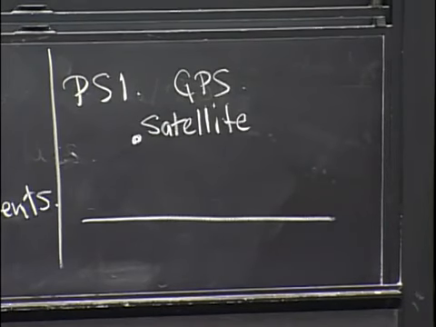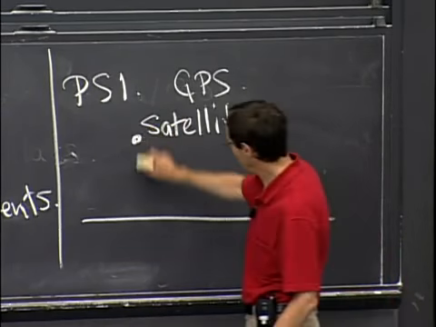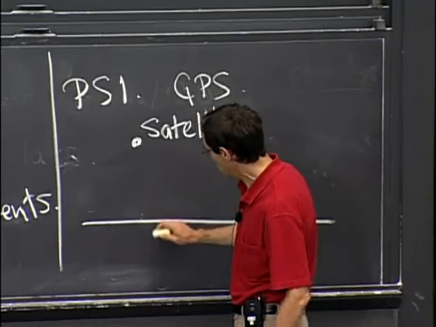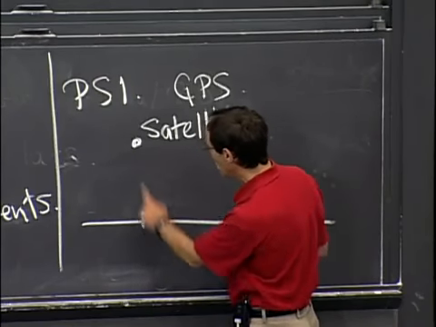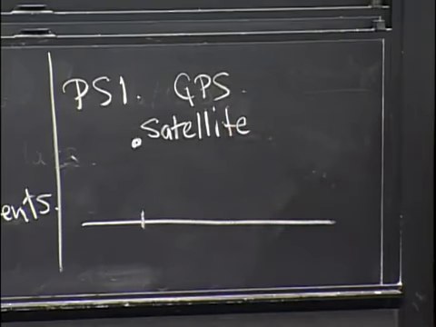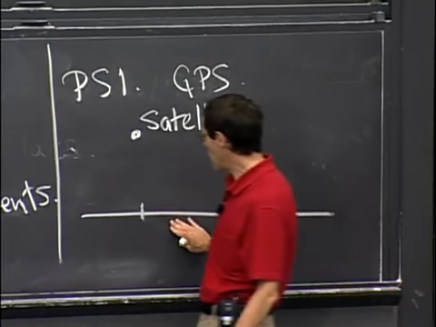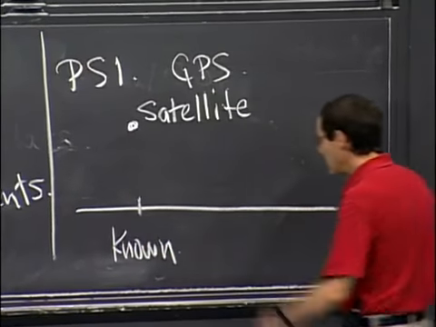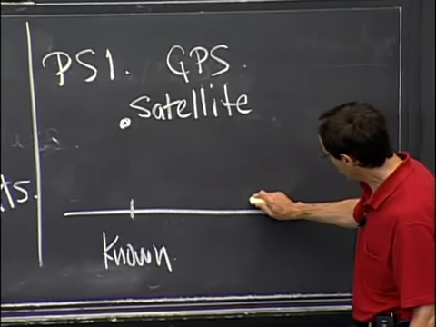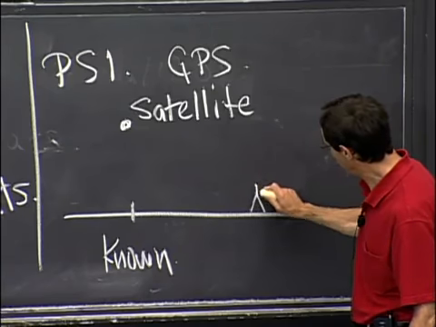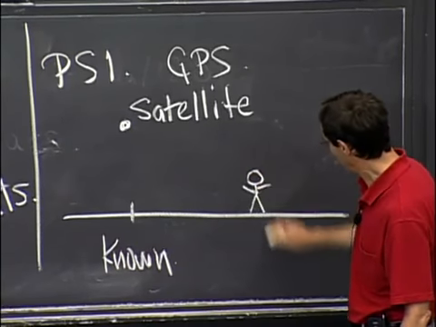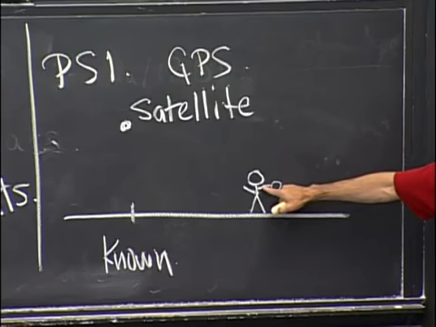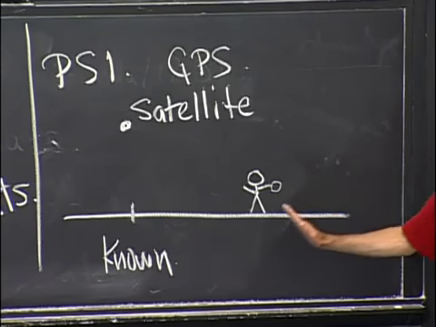preferably above the Earth. The system knows exactly where the point directly below the satellite is. So this point is treated as known. And I'm sitting here with my little GPS device, and I want to know where I am.